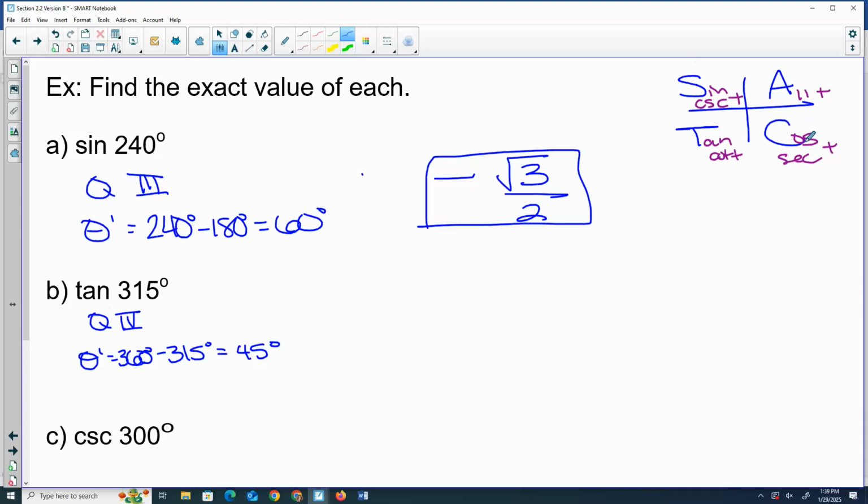Okay, all students take calculus. In quadrant 4, cosine is positive, so that means tangent would be negative. And then I have the tangent of 45 degrees. So I did my hand trick. Tangent, square root of the top over square root of the bottom. So radical 2 over radical 2 is 1, so tangent of 315 is negative 1.